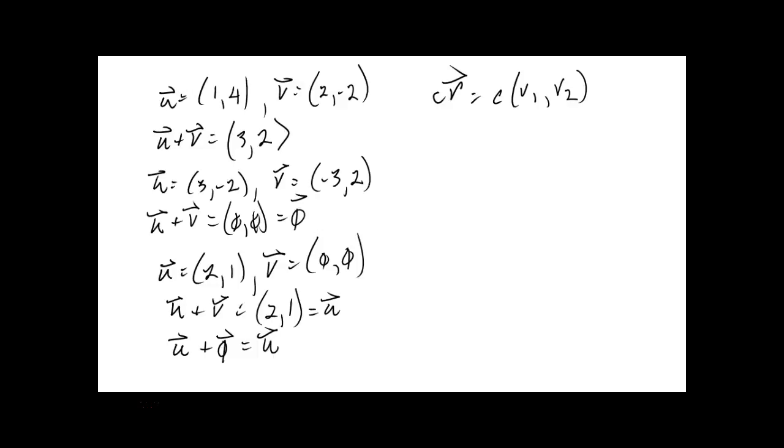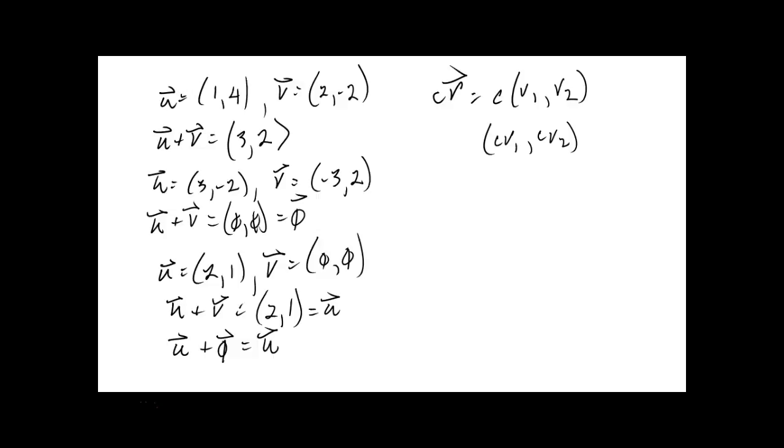Basically, it's just like the parentheses suggest. You distribute the c on the inside. This would be a vector, and that vector would be cv1, comma cv2. Okay? That is scalar multiplication. Scalar multiplication of any old number times the vector v1, v2.